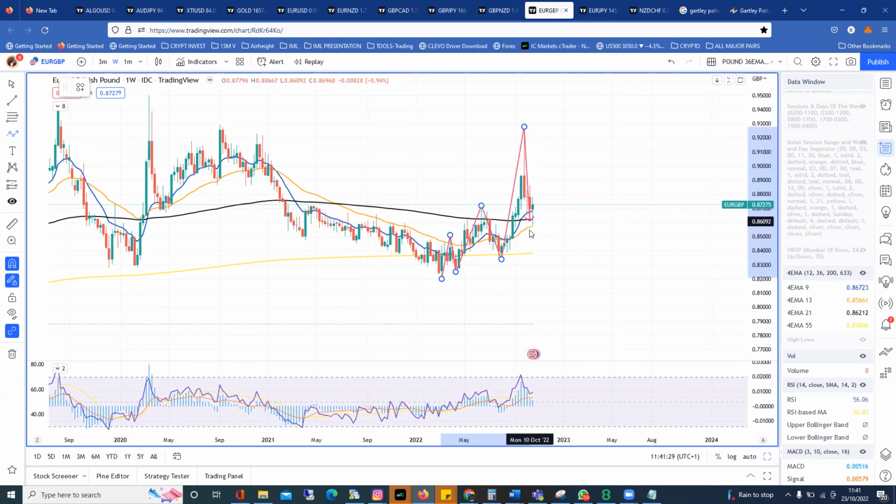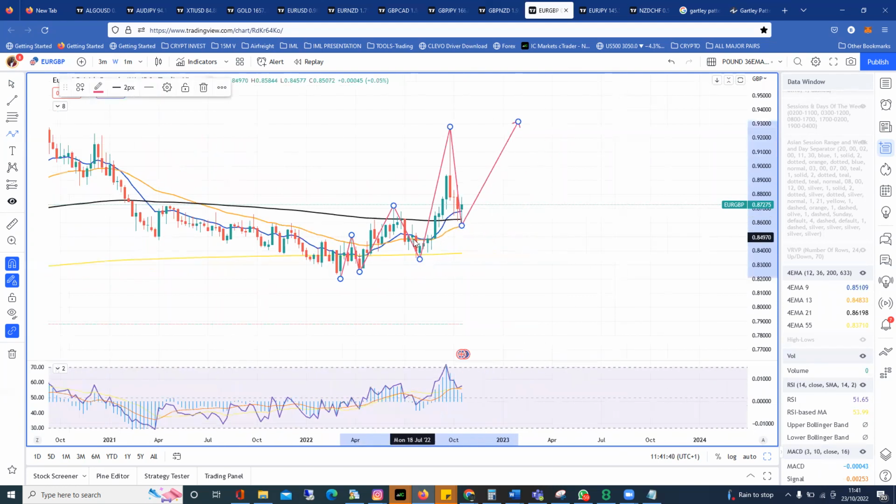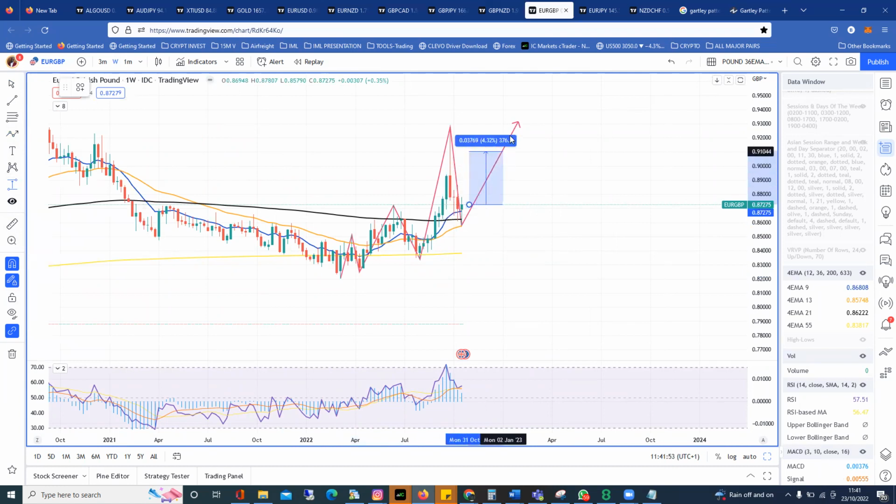If this is a higher low, and we've had a weekly rejection, so we have a good possibility for price to move up, hypothetically. So in line with the trend, euro pound can give us a potential price movement back up of about 580 pips.